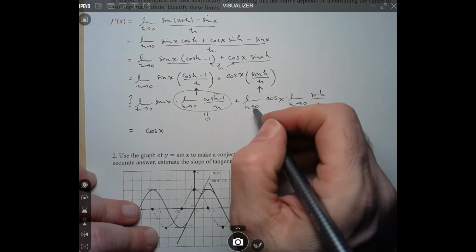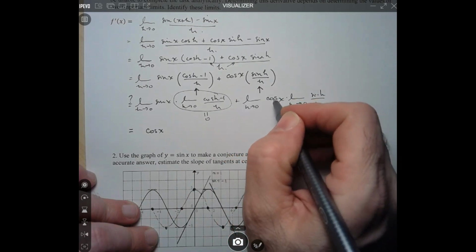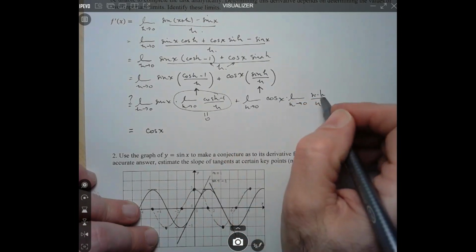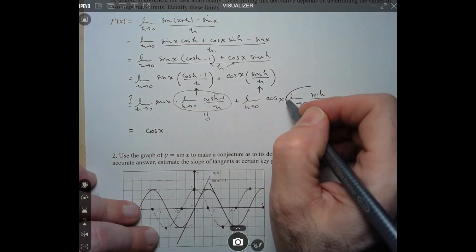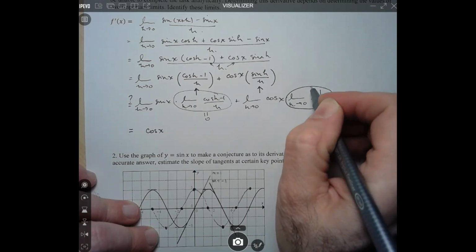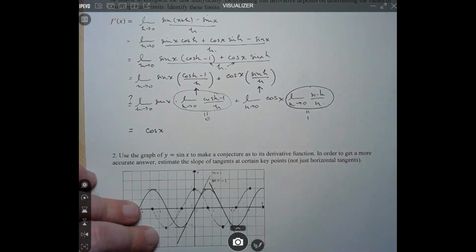And since this limit, again, is just the cos x acts like a constant, in order for this whole thing to be equal to only cos x, it means that the limit of sine h over h must be equal to 1. Okay?